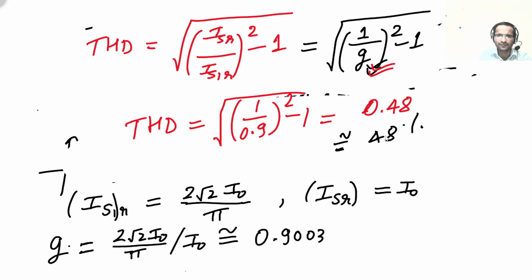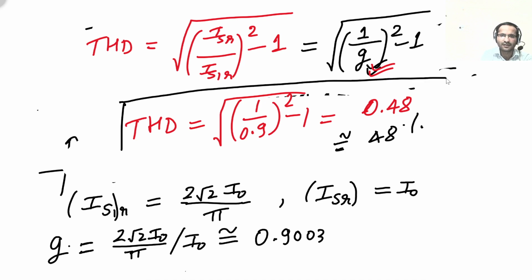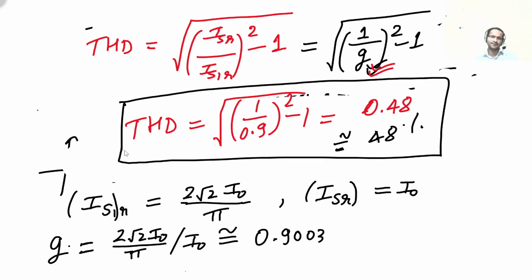So what does it mean? If you convert AC to DC using a single phase full wave rectifier, the source current becomes non-sinusoidal, and the percentage of harmonics with respect to the fundamental component, the 50 Hz component, is 48%. So this is the conclusion here.